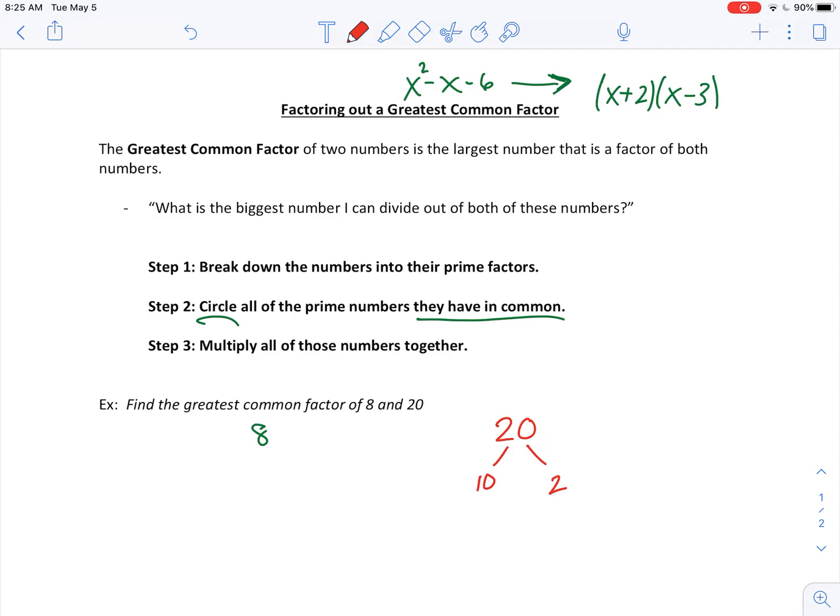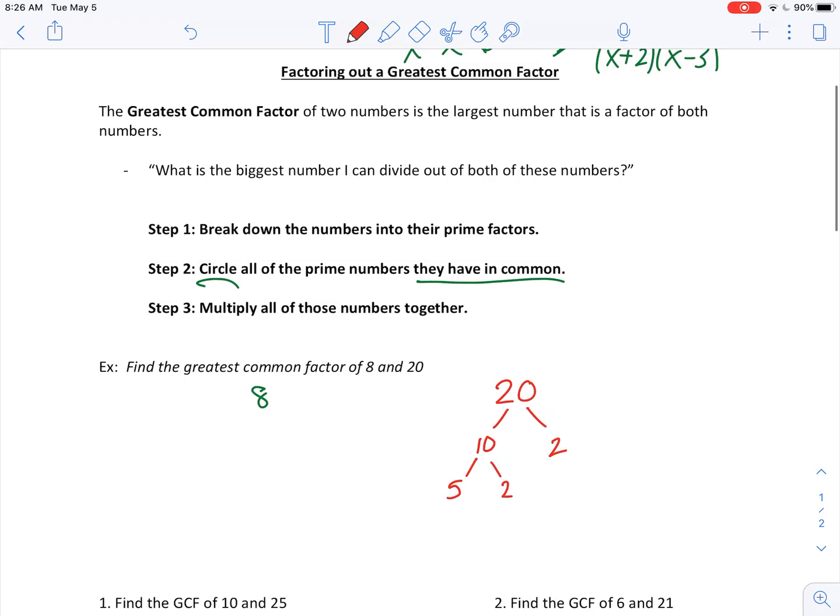But what numbers multiply to get 10? Well, 5 and 2 multiply to get 10. And the only numbers that multiply to get 5 are 1 and 5. The only numbers that multiply to get 2 are 1 and 2. So I'm done. Those are all my prime numbers.